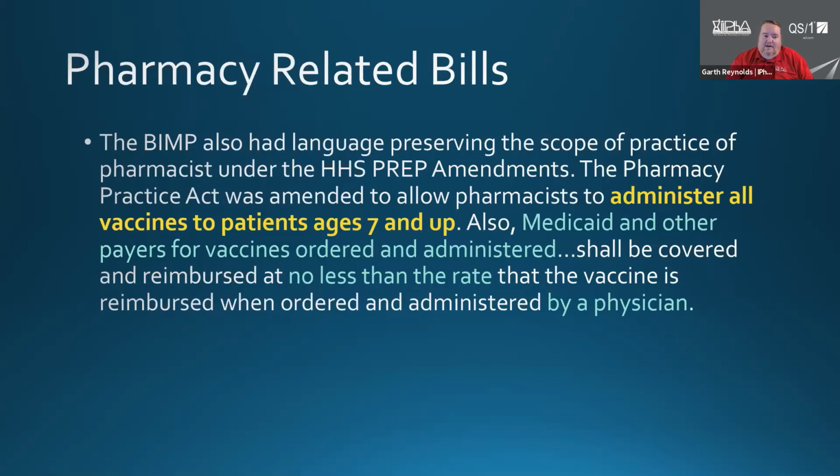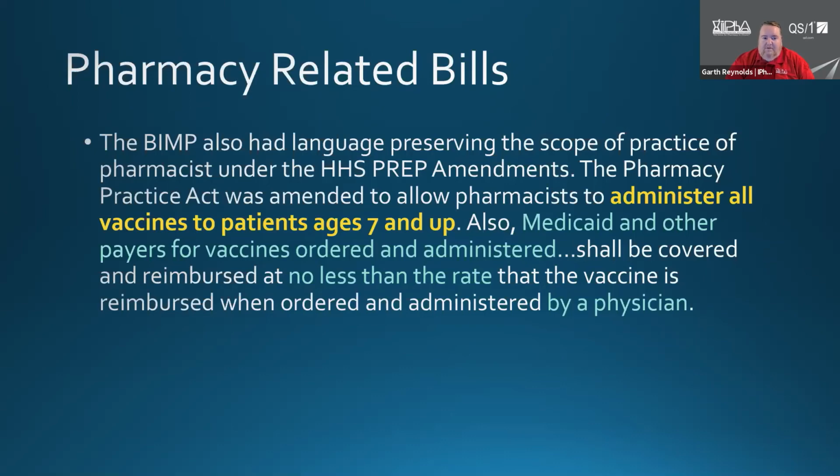So this does preserve once everything is rolled back. This doesn't change anything yet, because the federal exemptions right now override this. Once things are back to normal, we will be able to immunize for any vaccine ages 7 and up.